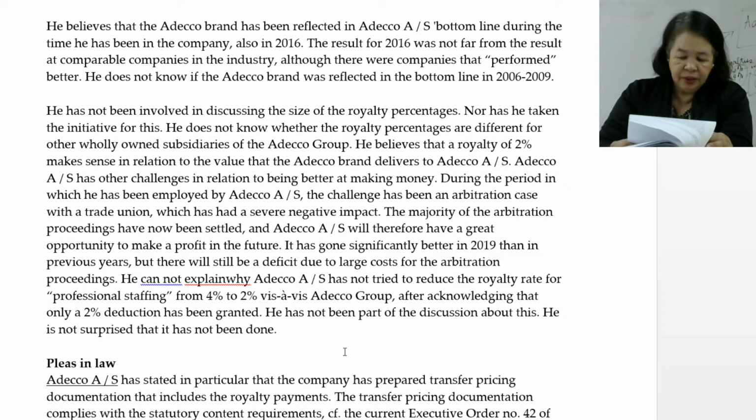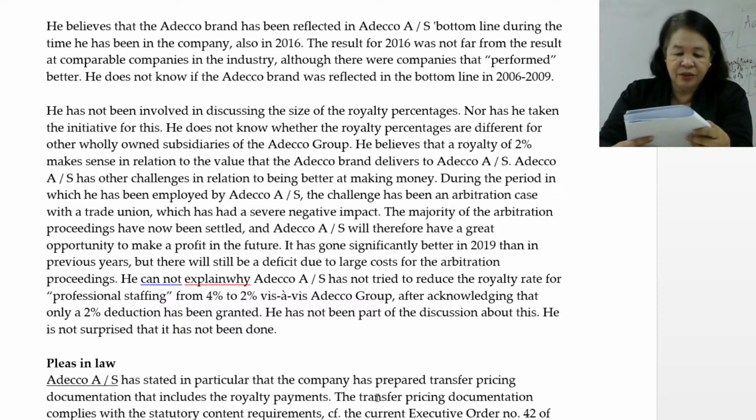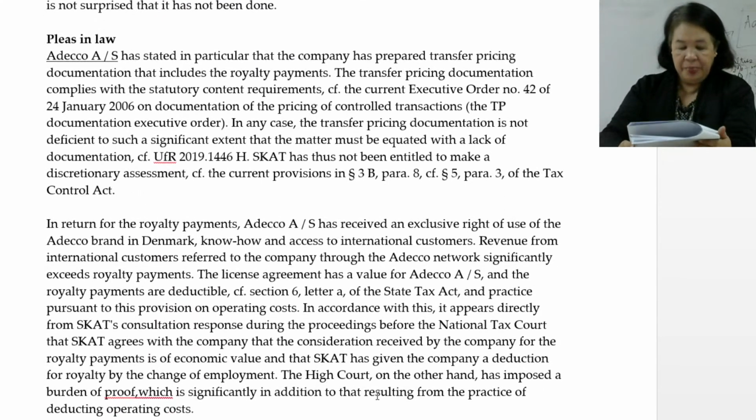No? After acknowledging that only a deduction of 2% has been granted, no? He has not been part of the discussion about this. He is not surprised that it has not been done. No? Okay.